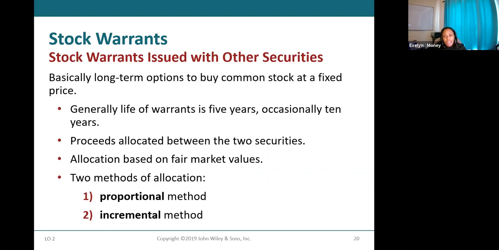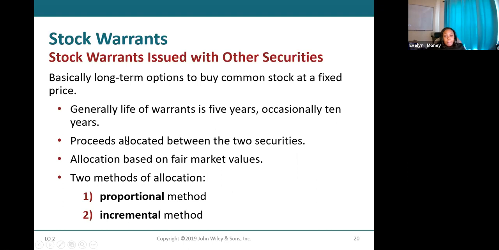Sometimes stock warrants have a limited life. So you're looking at a life of 5 years, but it can occasionally be 10 years. And after that time period, they expire and they sit on the corporation's balance sheet if they're never exercised. But they are typically given a limit.